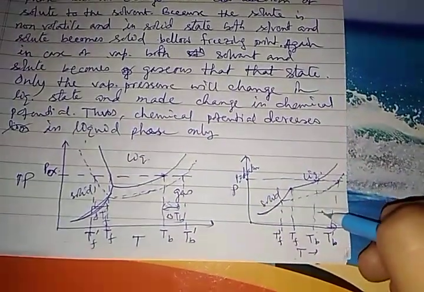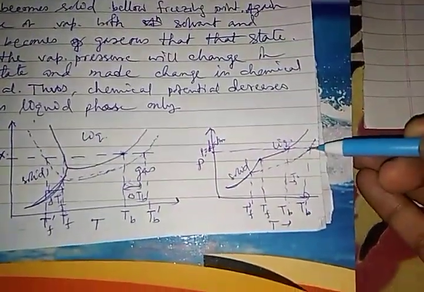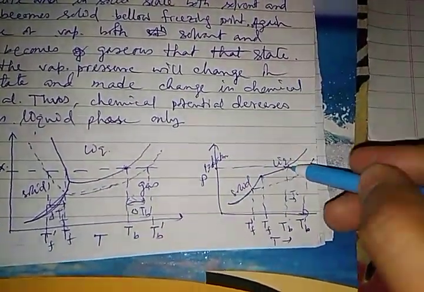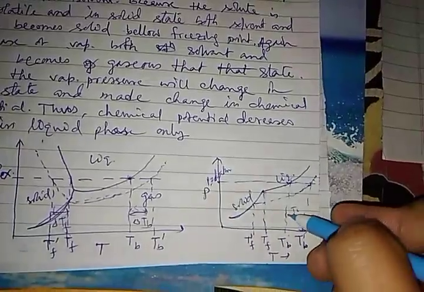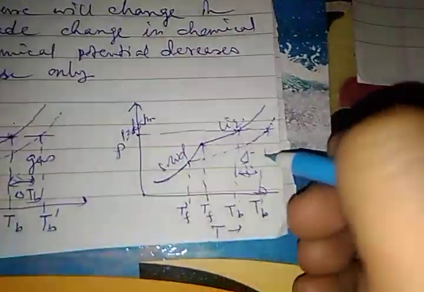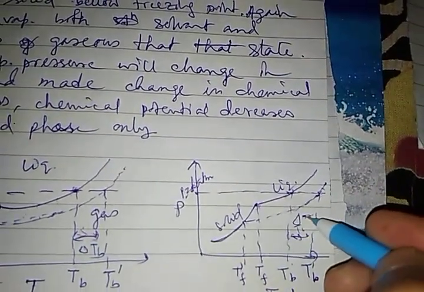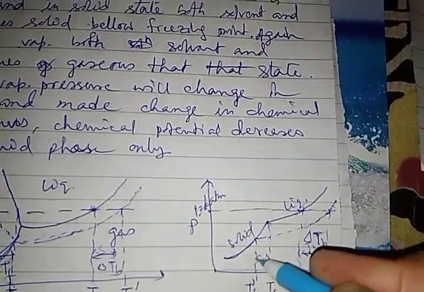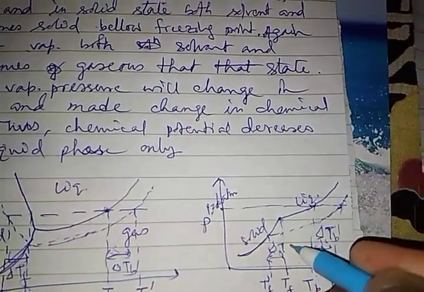So that will be TB for my solution, and that will be TB for my pure solvent. So the gap will be delta TB, and this small gap is my delta TF. Okay.